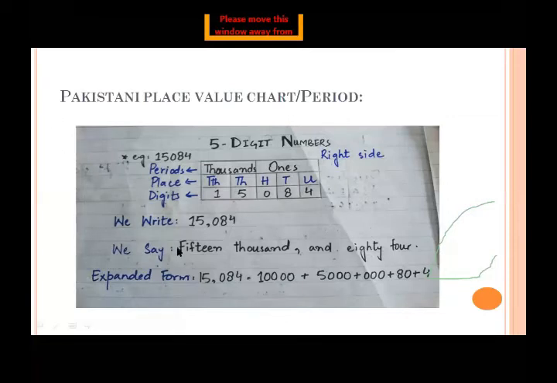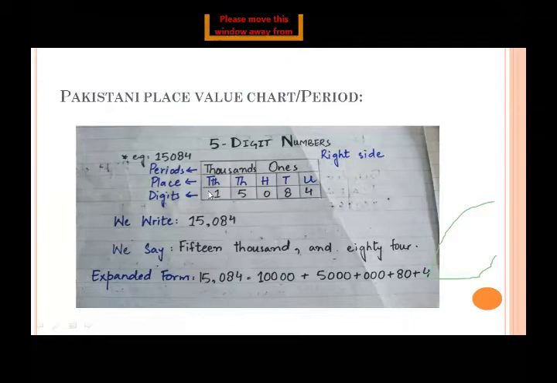Now, how do we say this number in words? 15,084. One is at the place of 10,000, five is at the place of 1,000. So both the 1,000 and 10,000 come in the group of 1,000. So when we read or write in words, we write it like 15,000, not like 1, 10,000, 5,000. No, this is the wrong way. You write it like 15,000, because both the 10,000 and 1,000 come in the group of 1,000.